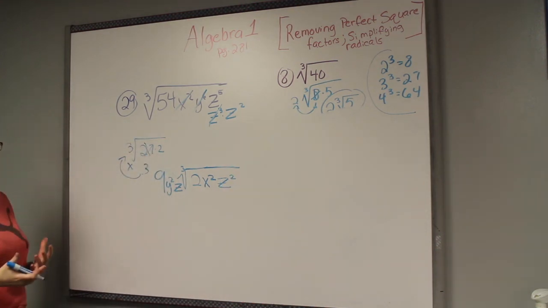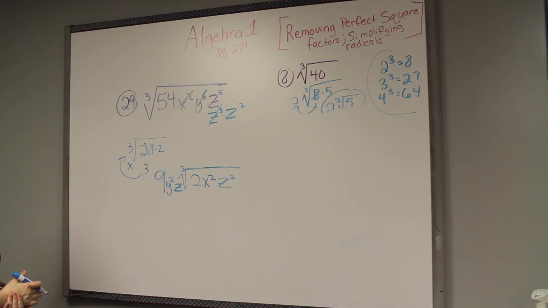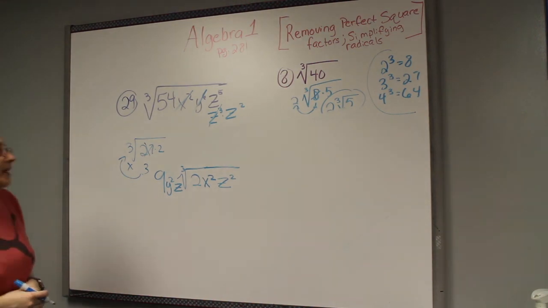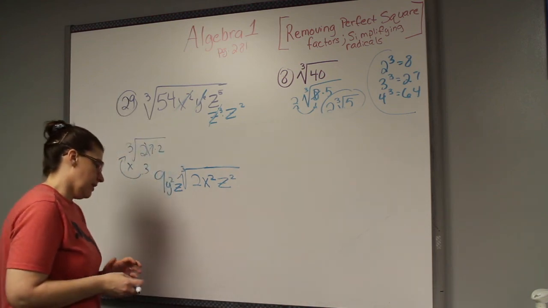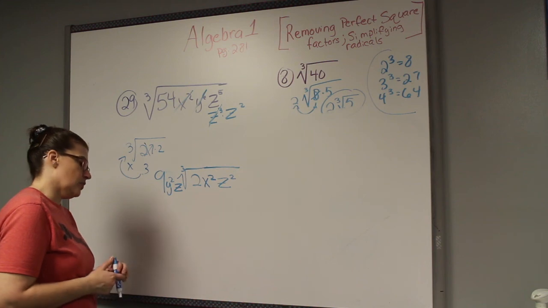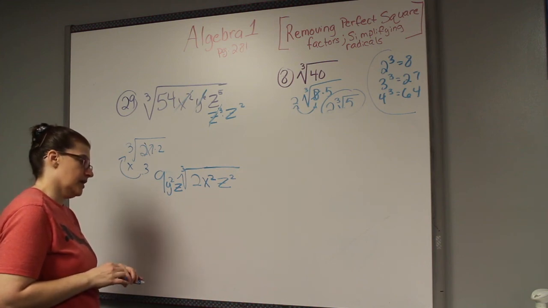Okay, so what happens if you don't pull the biggest one out? Let me think of a number that I could use that commonly would have 2 of them in it.